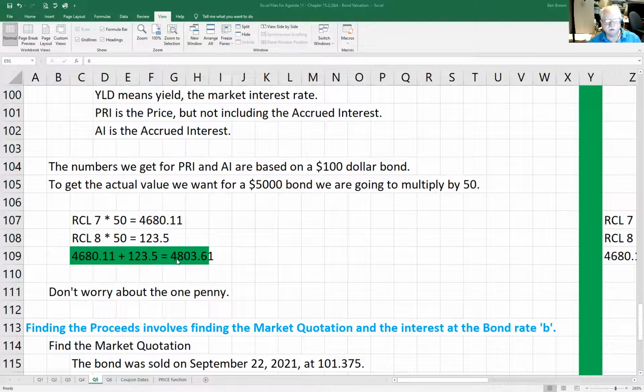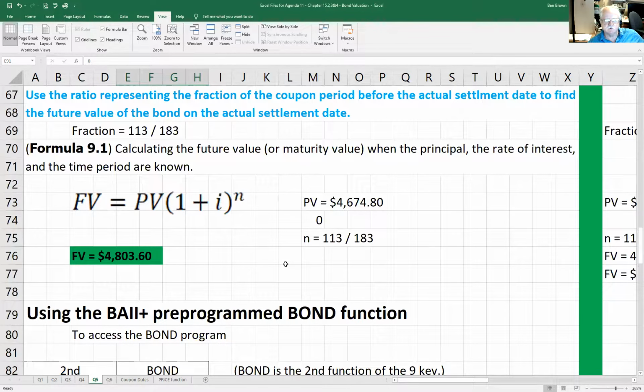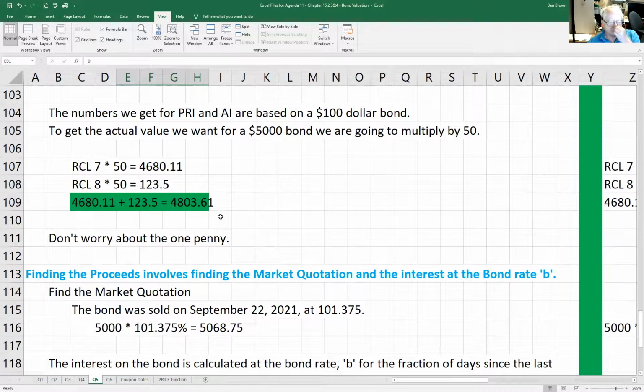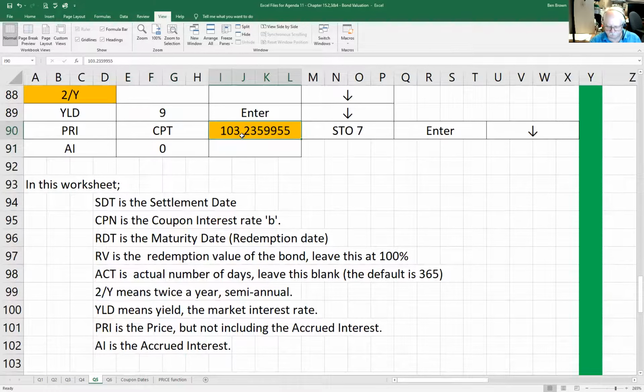And I added them together and got 4803.61. And I'm just wondering if that makes any sense whatsoever. Yes, it's the same answer we wanted. Just don't worry about the 1 penny. So I'm not sure about these numbers here. I don't know where they came from, but they shouldn't be there. So I'll have to fix that.